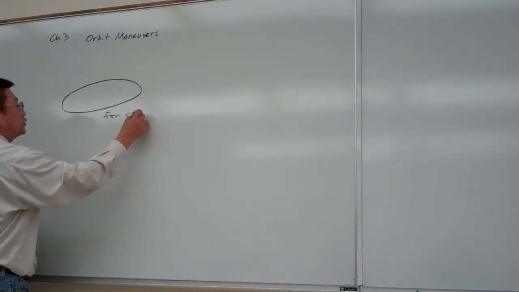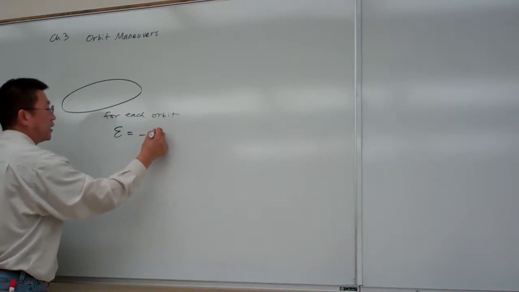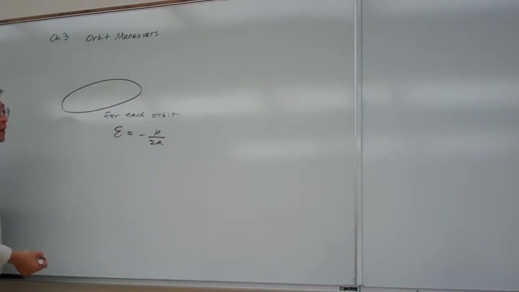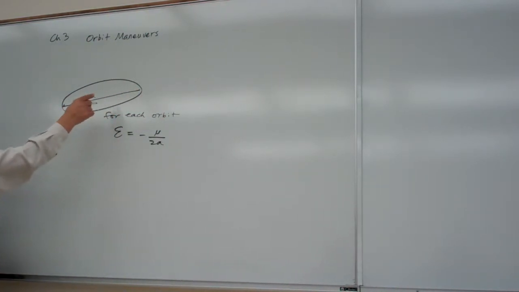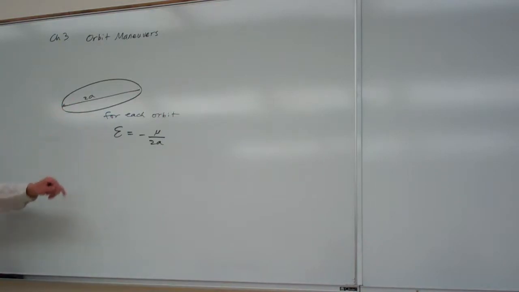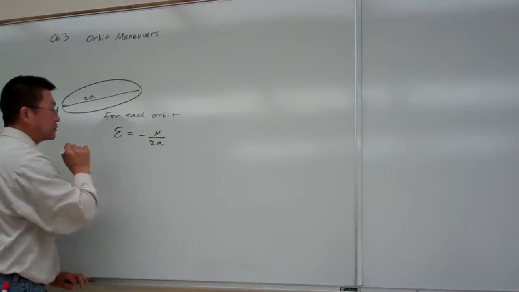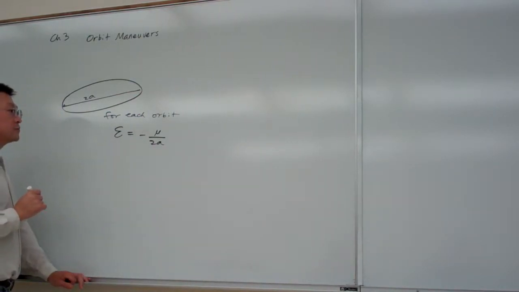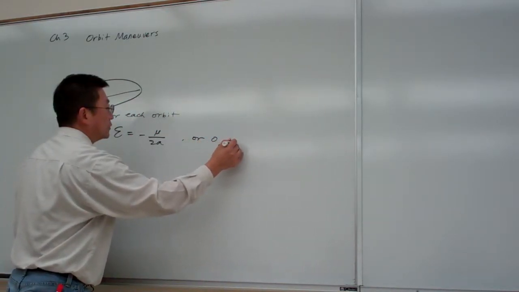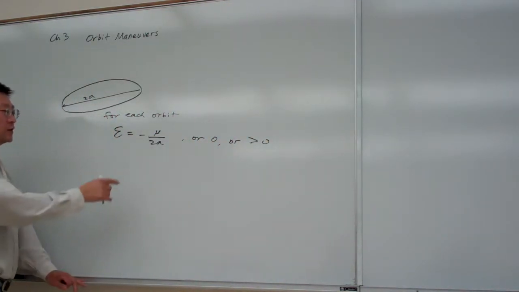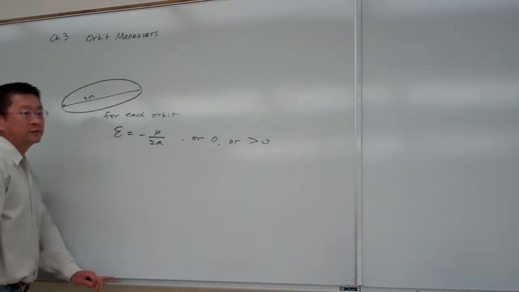For each orbit, its energy, we know, is minus mu divided by 2a, where 2a is the major axis, and it is negative for elliptic orbits, and 0 or positive for parabolic and hyperbolic orbits.